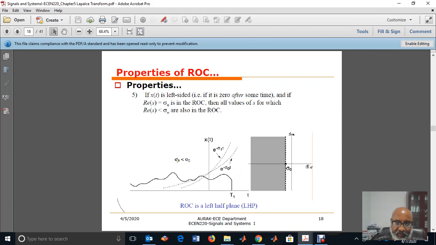So for example, if sigma 1 is less than sigma naught, it will be in the region of convergence, which means for the left-sided signal, the region of convergence starts from a certain value of sigma naught here and goes to the left.